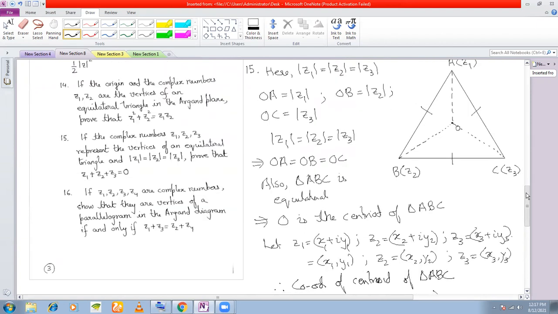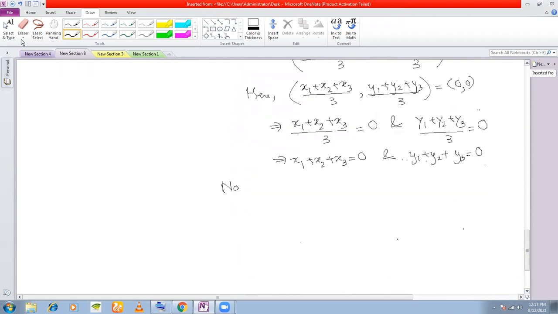Now what have you to prove here? You need to prove that Z1 plus Z2 plus Z3 is equal to 0. So if you start from the left hand side, LHS is equal to Z1 plus Z2 plus Z3. Put the values. Here Z1 is X1 plus iY1, Z2 is X2 plus iY2, and Z3 is X3 plus iY3.